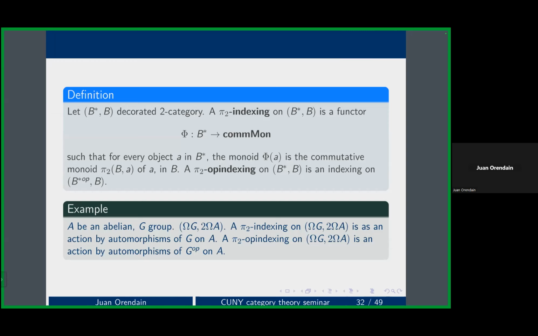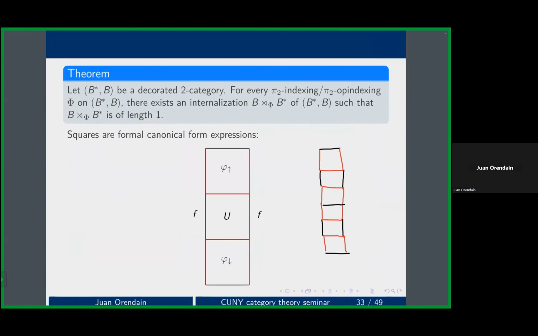And 2 omega A would be the double looping of A, a 2-category with a single object, a single 1-cell, and A as its 2-cells. Then a π2 indexing on this is actually an action by automorphisms of G on A, and a π2 up indexing is just an action by automorphisms of G on A as well. So that's the sort of intuition. These are kind of like actions by automorphisms defined on the decorated bicategory.